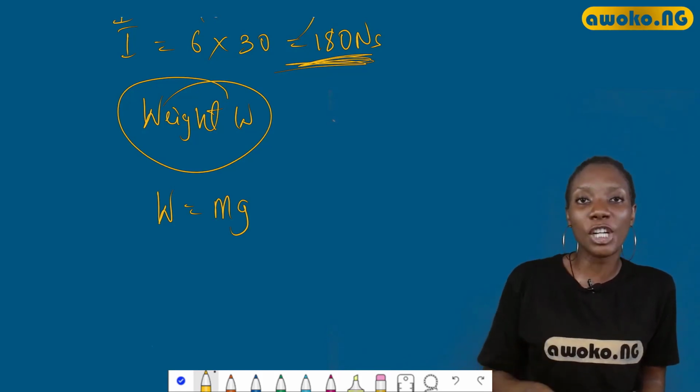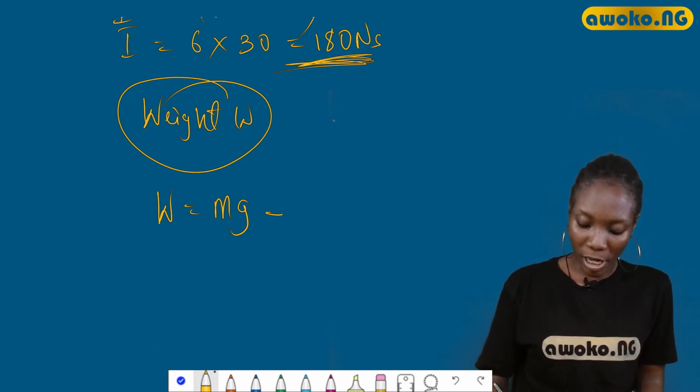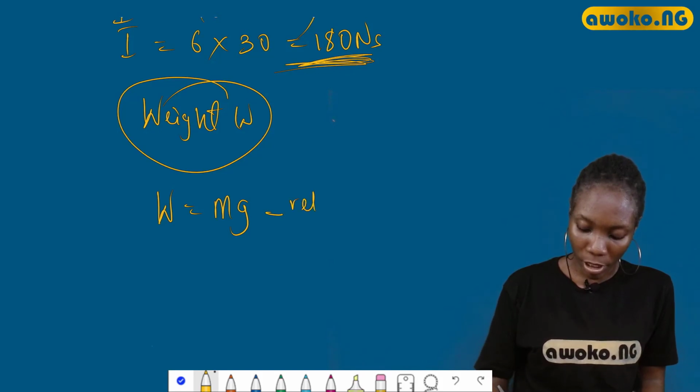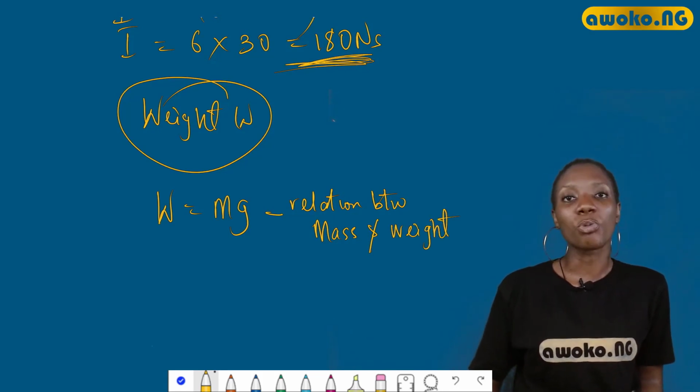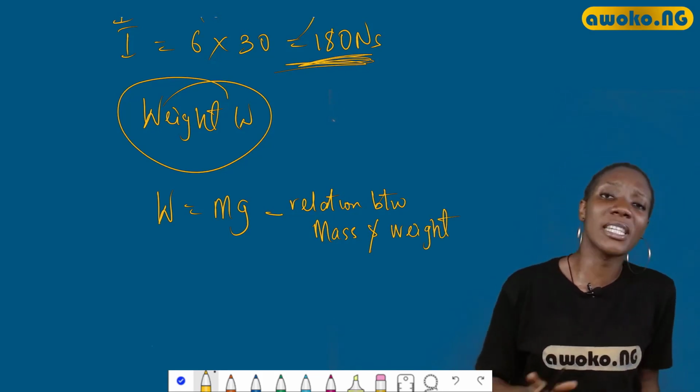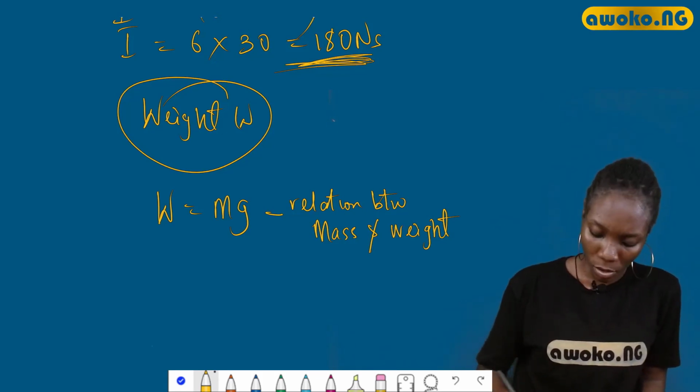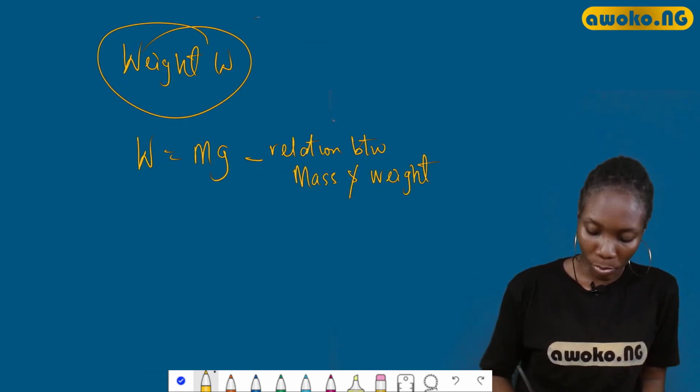Now, this is the relation between mass and weight. The weight is a vector quantity. Let me be putting that down.